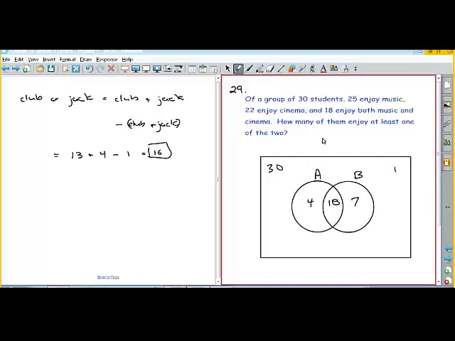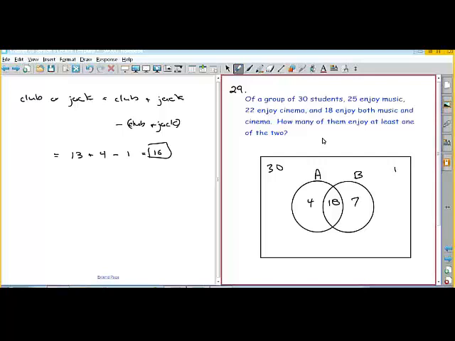So 4 plus 18 has to be equal to 22, because that's the total number in that circle. This football is where they both enjoy it. And then 25 enjoy music, so this must be the music circle. So if we have 18 here, to get 25, we need to put 7 in there. If you add those 3 together, you don't get 30, so there's one person that apparently doesn't like movies or music. Must be a boring life.